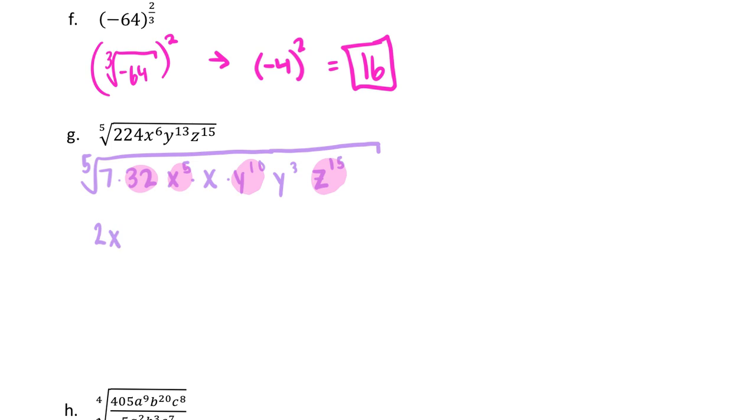That's just going to be x. The fifth root of y to the 10th is y squared. And the fifth root of z to the 15th is z to the third. Okay, and then whatever is left over just stays inside my radical. And then that is simplified as far as we can go.